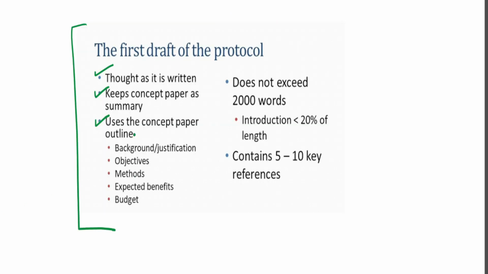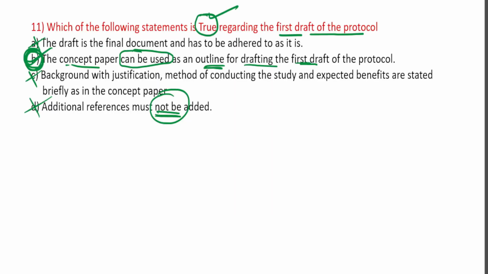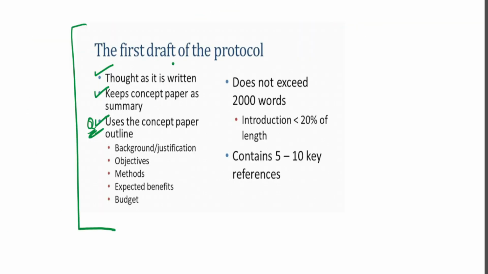Okay, so we got the answer over here. This was mentioned as an option in the question. Okay, so please remember the question and also the answer and also the start, because there are other bits which may be asked from the first draft of the protocol.